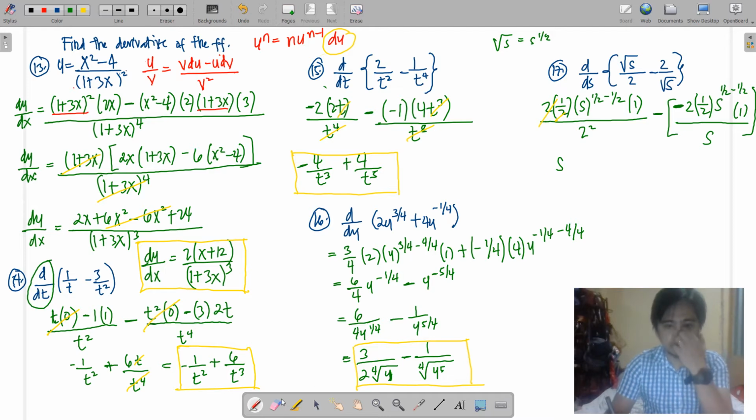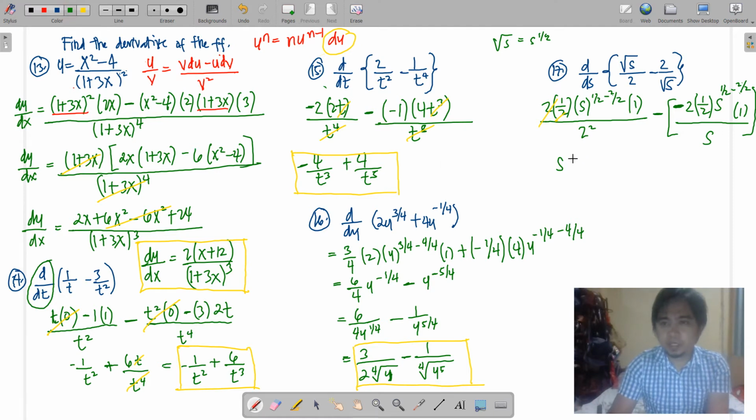Sorry. Yung isa hindi dapat 1/2, isa dapat. So, it should be 2 over 2. Sorry for that. Ganun din dito, 2 over 2. Minus 2 all over 2.